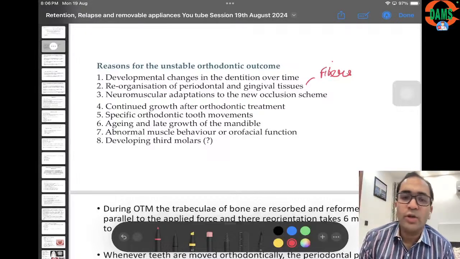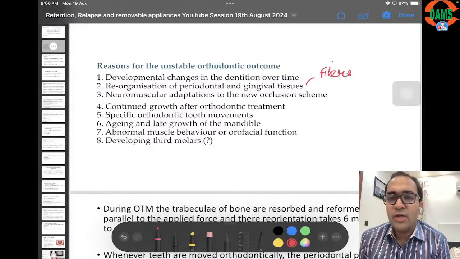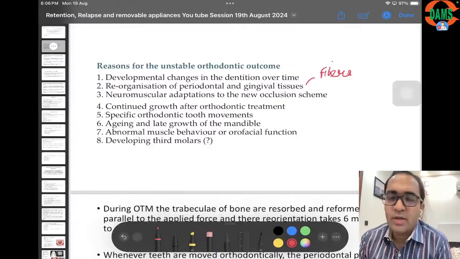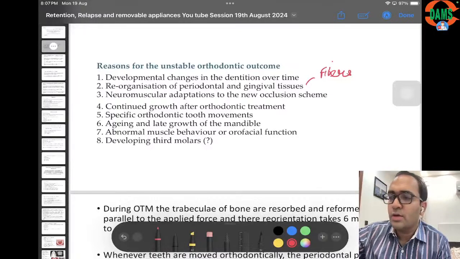Next is the neuromuscular adaptation to the new occlusal scheme. Once we have achieved the new result, a new occlusal pattern is established.